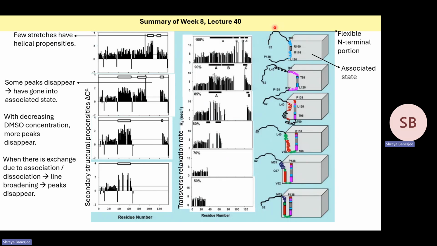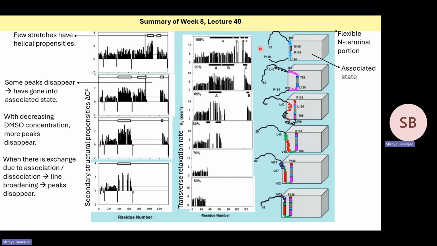This upper part that is there, it is there even after the aggregate is formed. So the peaks in this flexible portion will be visible no matter what the DMSO concentration is, because they are not forming part of the aggregate. The rest of the peaks are slowly getting incorporated inside the cube, which is the associated state. So as the DMSO concentration is decreasing, the other peaks are getting incorporated into the associated state.